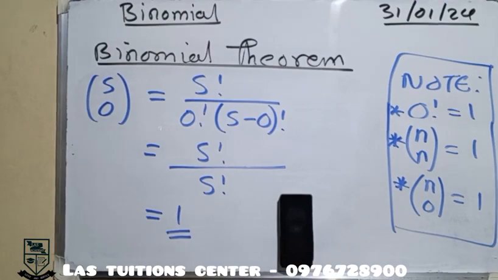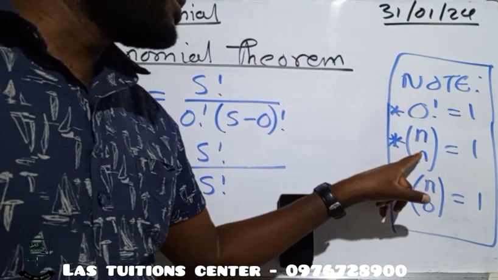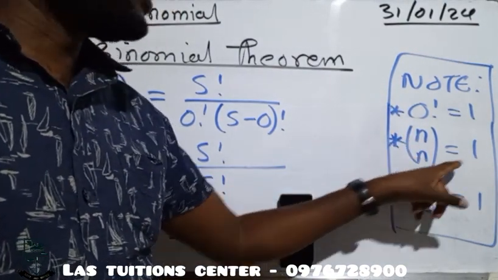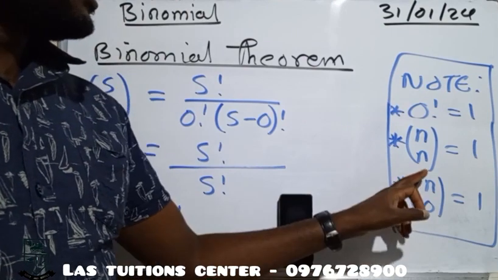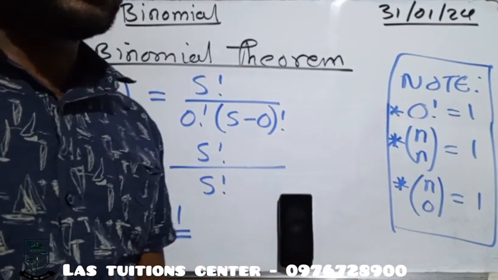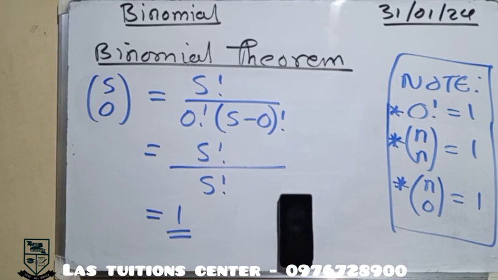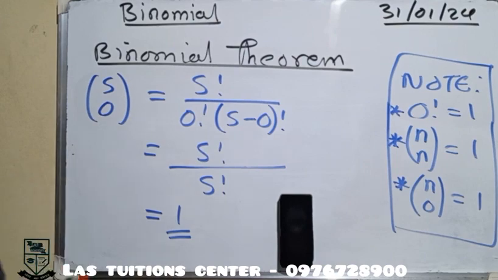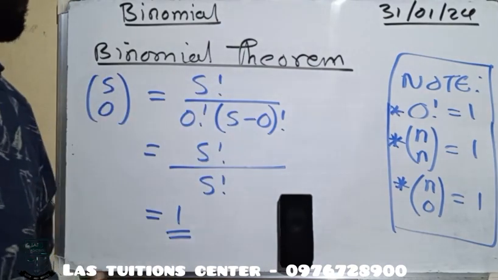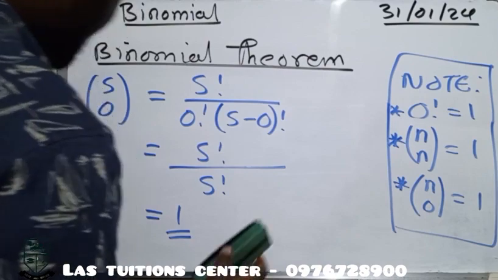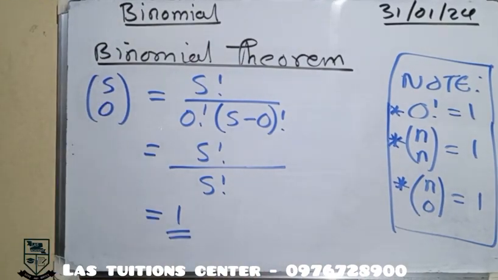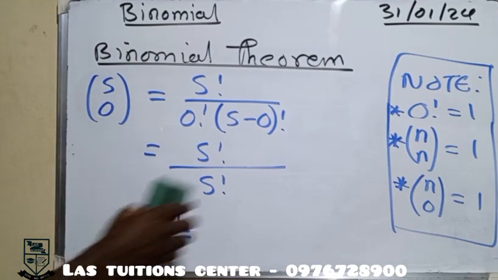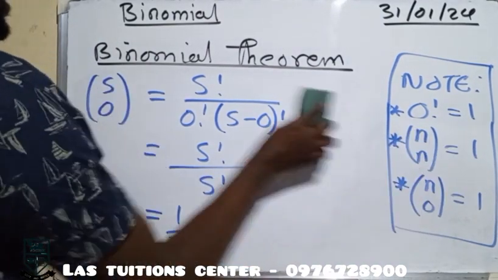So any number combined with itself gives you 1, and any number combined with 0 gives you 1. This combination I'll explain later, even when we meet in school. You need to take note of this as we are going to do the binomial expansion; we'll need this information.